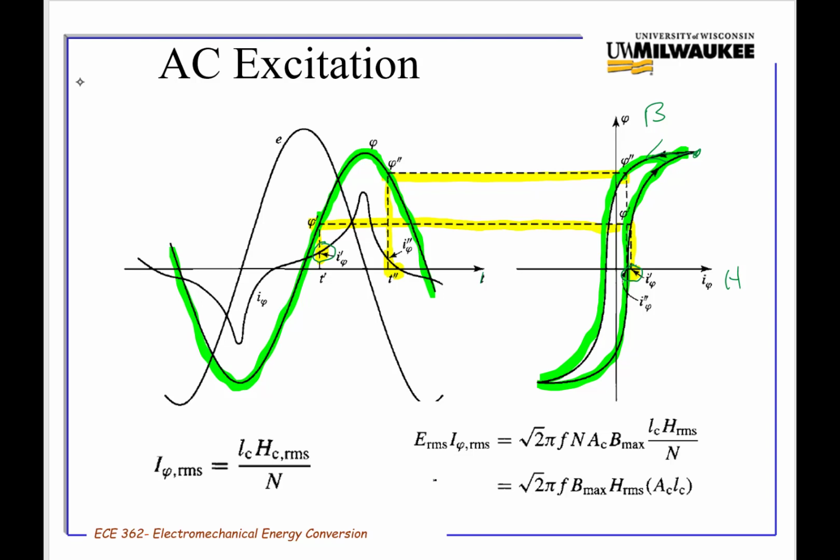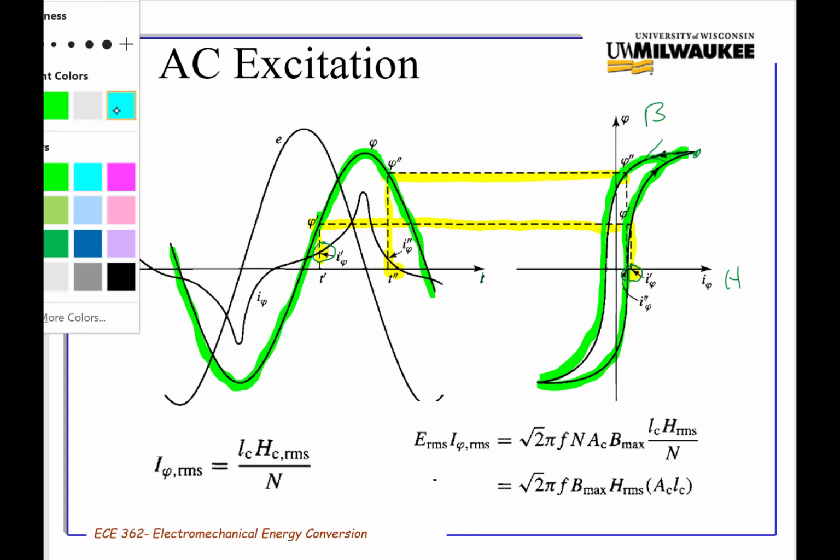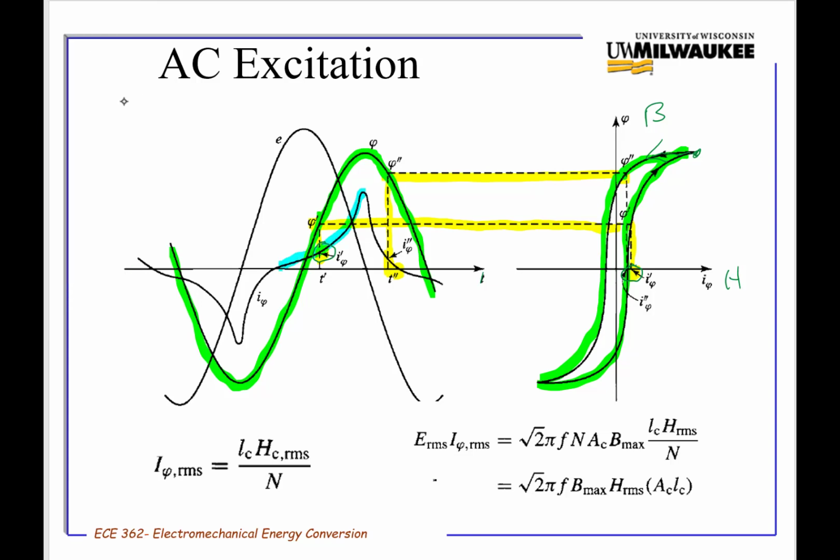And so what it means is that the current is actually becoming very distorted as a result of going into saturation. It's not a sine wave anymore. If I was operating down in the linear region, I would be down at a point, let's say right here, and a point right here.